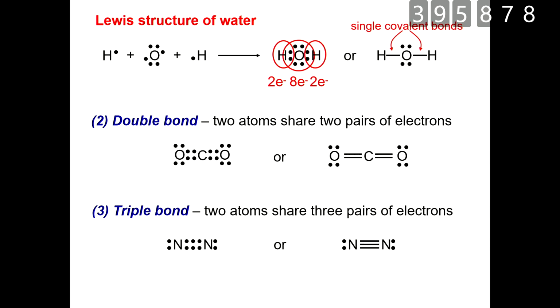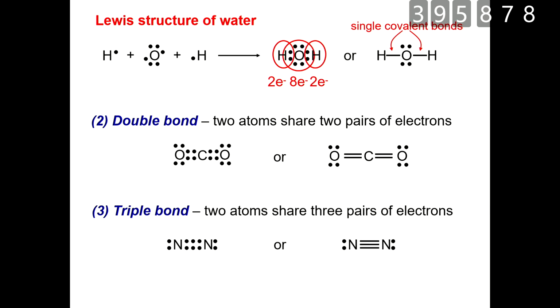And of course, some compounds have only 2 atoms, but sometimes they may have more than 2 atoms. For example, water. It has 3 atoms. So we can also use this way to describe its structure. In this case, the oxygen and hydrogen share 2 electrons.